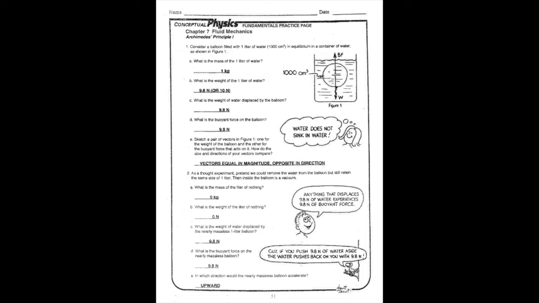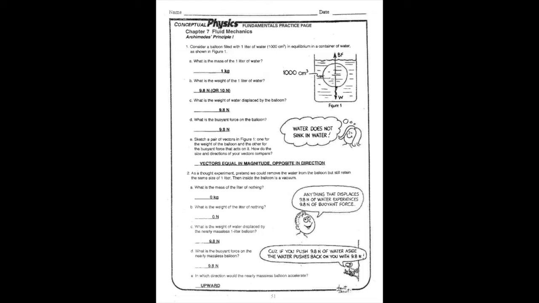Water's density is 1.000, so 1 liter of water would be 1 kilogram, because the mass, 1 kilogram or 1,000 grams, divided by the volume, 1,000 centimeters cubed, is 1. Also 1 kilogram over 1 liter, okay?